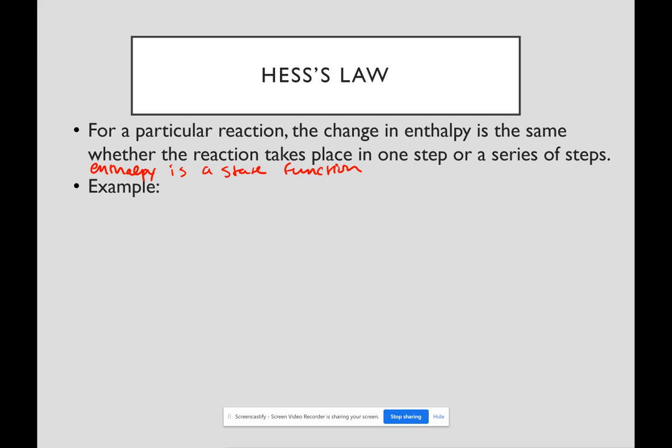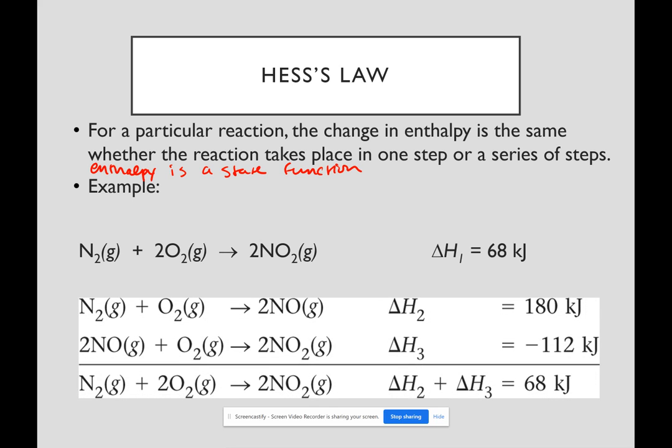So an example of Hess's law in action here is for the reaction nitrogen plus 2 oxygen yielding 2 nitrogen dioxide. The reaction absorbs 68 kilojoules of energy. Your enthalpy change is positive 68 kilojoules.